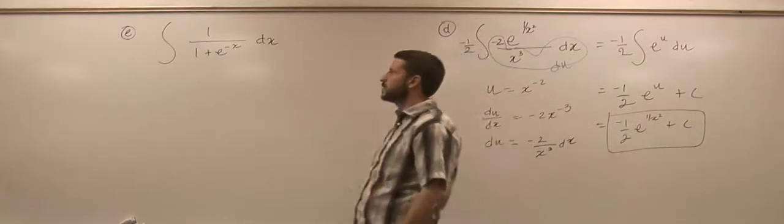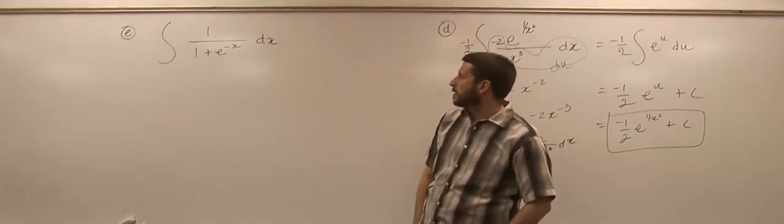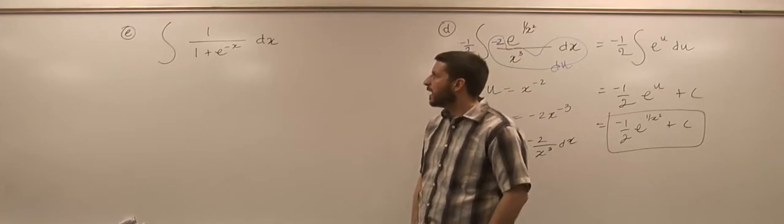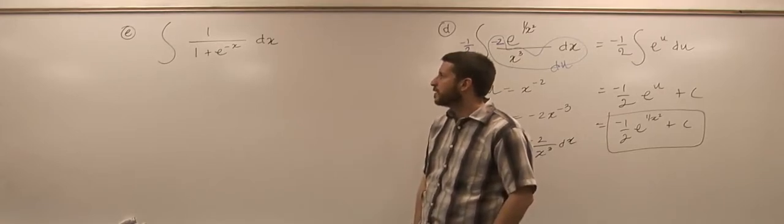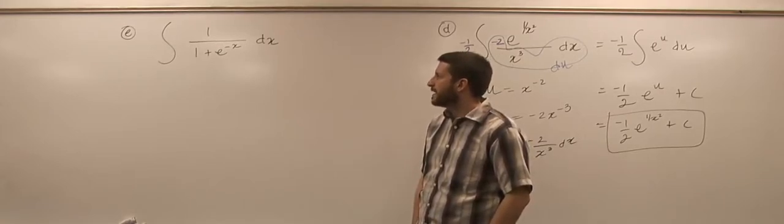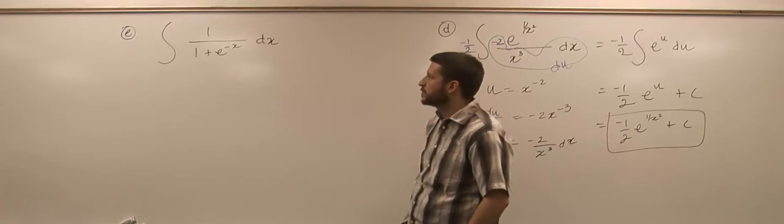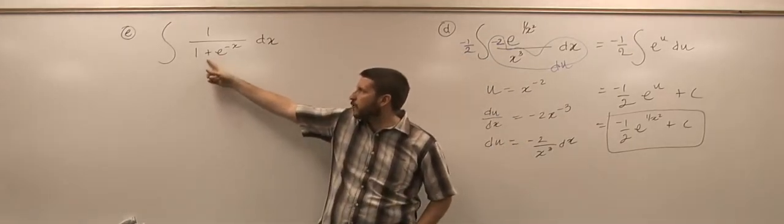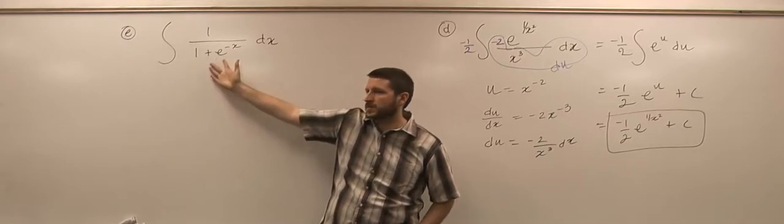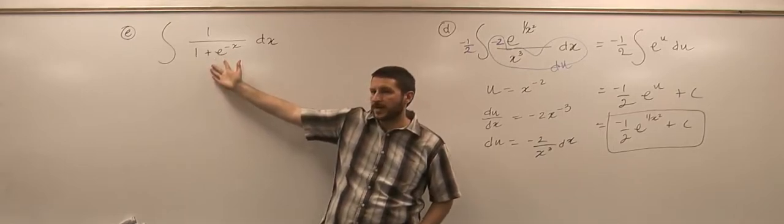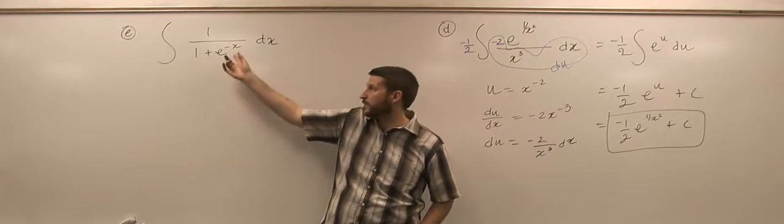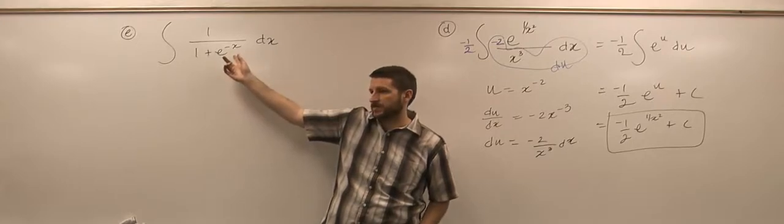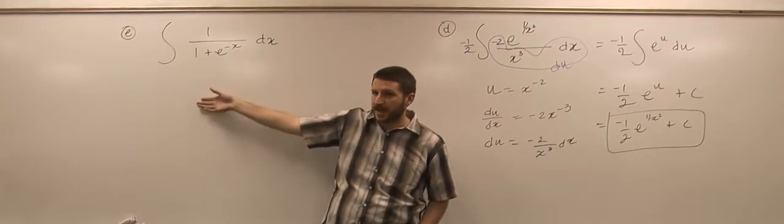There's a couple ways to do this one, but the way I prefer is to use u substitution, but I want to make it a good u substitution first. So for example, if I wanted to make 1 plus e to the negative x equal to my u, what would I need? What's the derivative of e to the negative x? Negative e to the negative x, right?